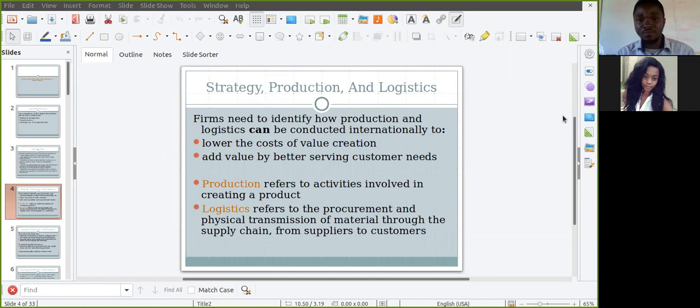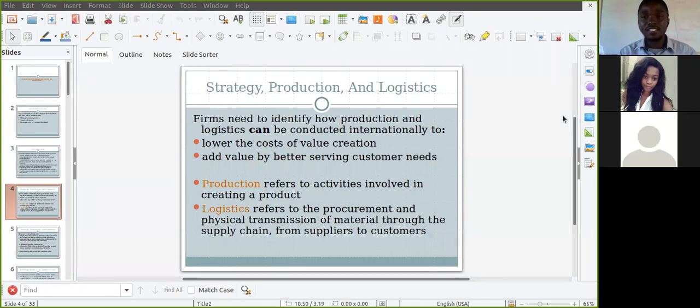That is what it means by production. Each and every process that is used or that is undertaken in the creation of final products from raw materials is production.